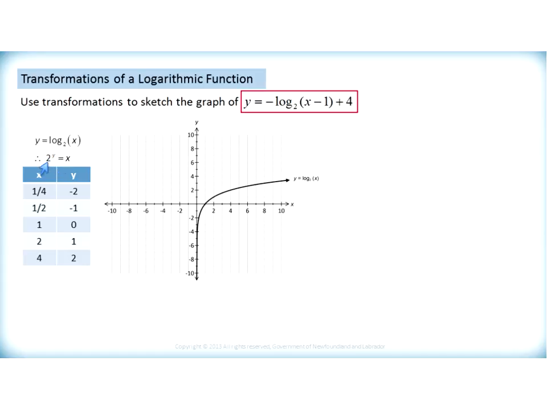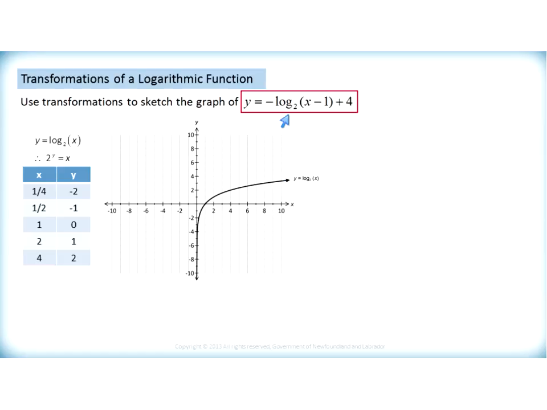So when y is negative 2, 2 raised to the power of negative 2 is 1/4. 2 raised to the power of negative 1 is a half. When y is 0, x will equal 1. When y is 1, x will equal 2, and when y is 2, x will equal 4. So these points have been plotted on the base graph of y equals the log of x to base 2.